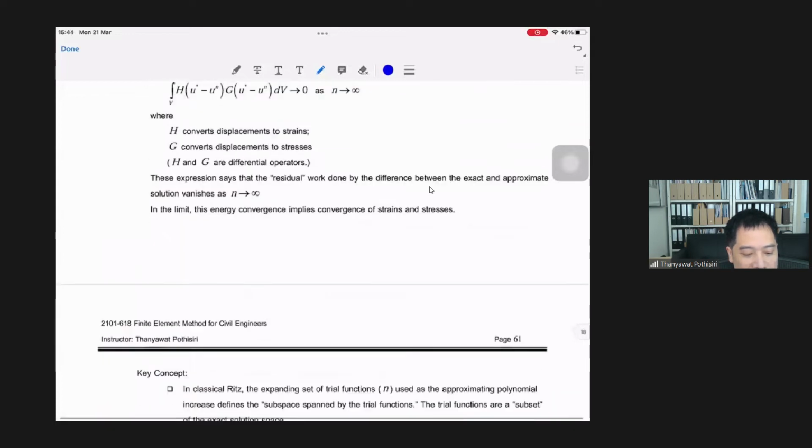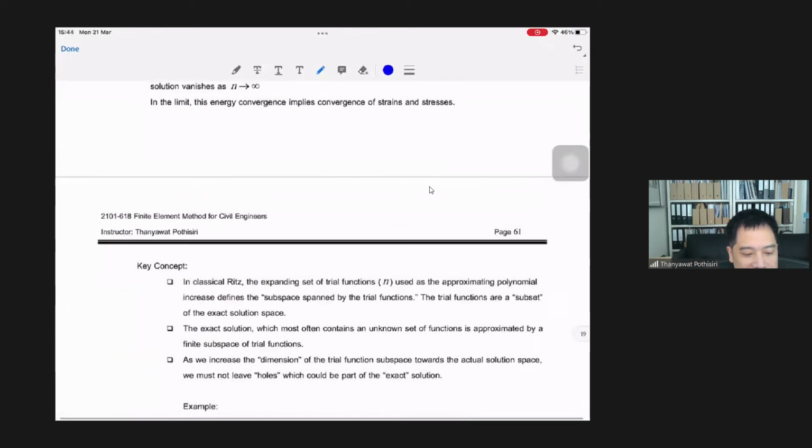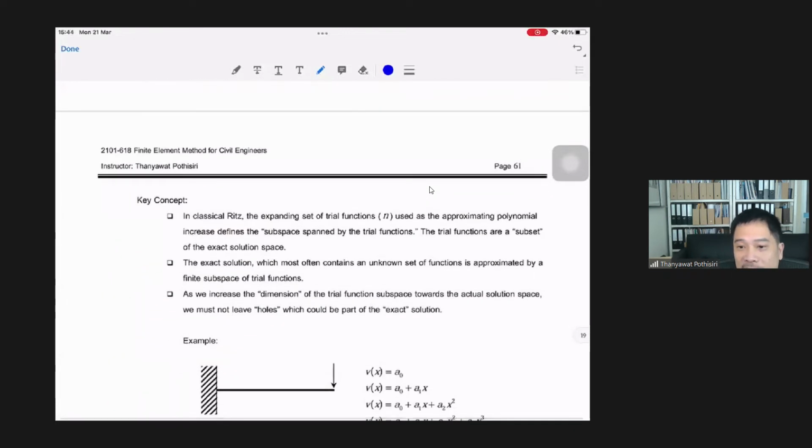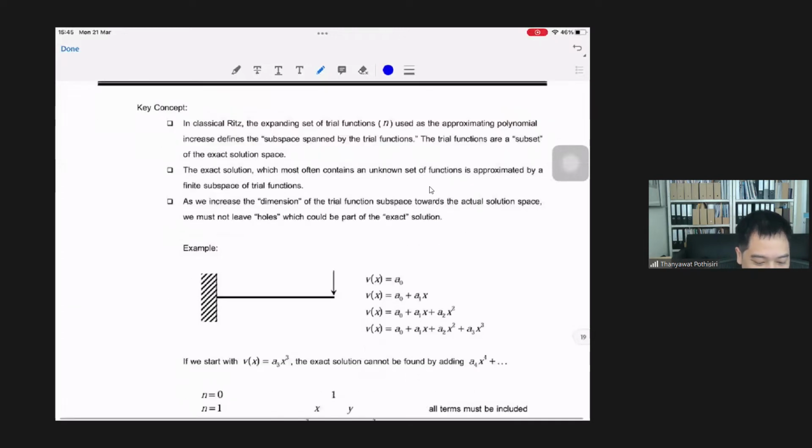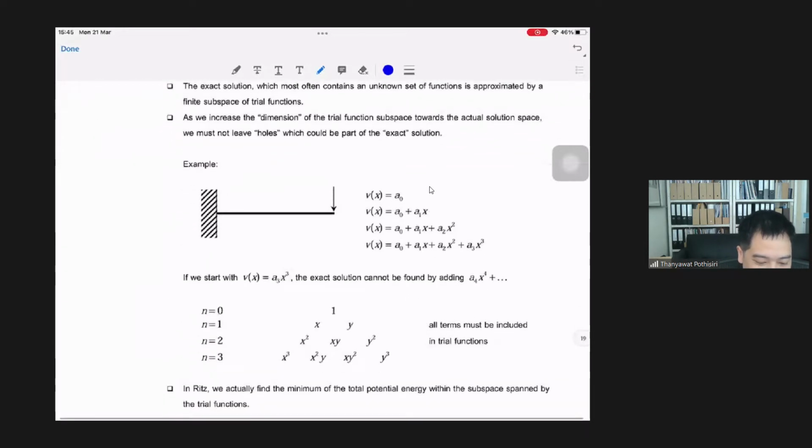So you can ensure that you are getting closer to the actual displacement field by either increasing the order of functions that you use to approximate the displacement field. That's one way. Okay.